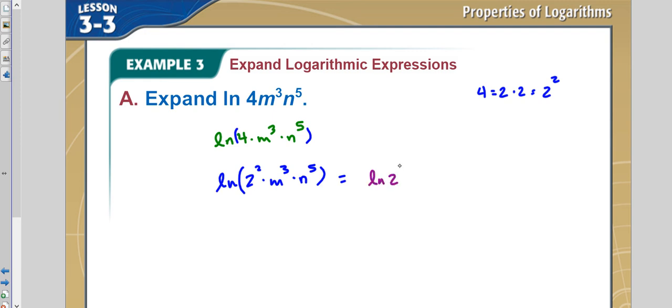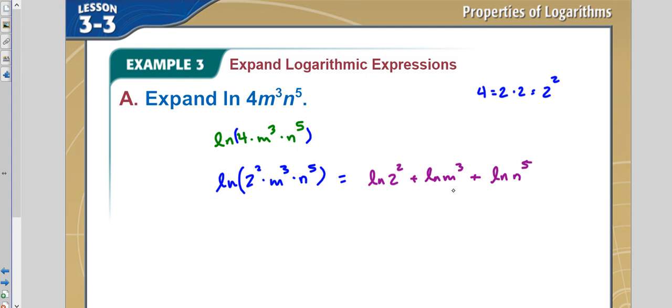ln of 2 squared plus, because the product property says one logarithm with products or factors multiplying is equal to multiple logarithms adding. Natural log of m cubed plus, again, natural log of n to the 5th power.